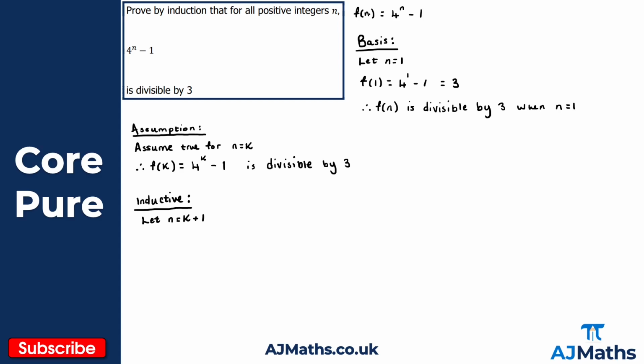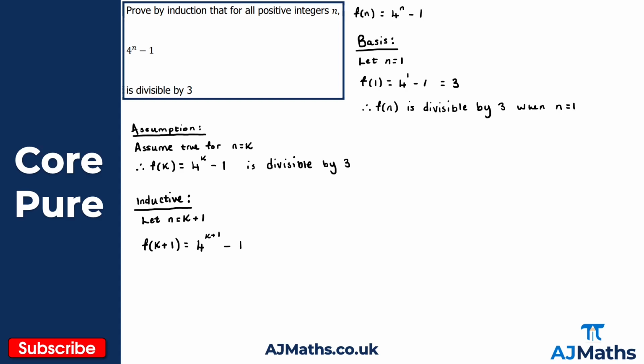Well, substituting n equals k plus 1 then, we get f of k plus 1, and that is equal to 4 to the power of k plus 1 minus 1. Okay, and that is just f of k plus 1.